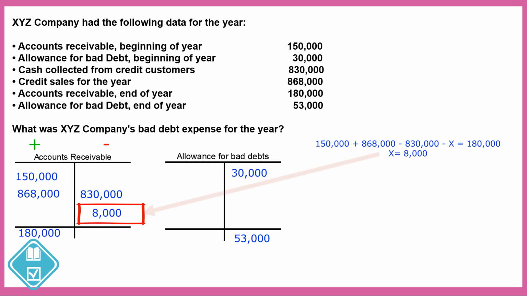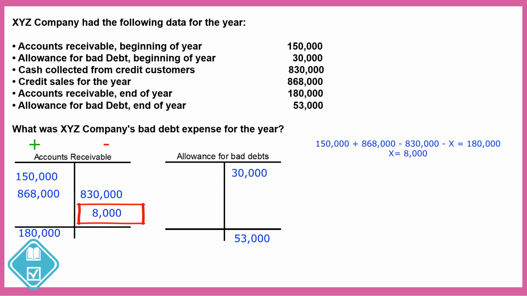So I can go ahead and put 8,000 here. Now you can check your math here. Oftentimes you miss this because they added where they should have subtracted. They just quickly put it in their calculator, but you should just quickly add: 150 plus 868 minus 830 minus 8,000 equals 180,000. And if it is, you haven't messed up a sign.